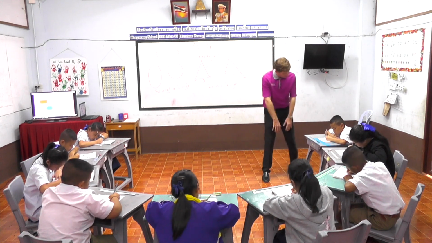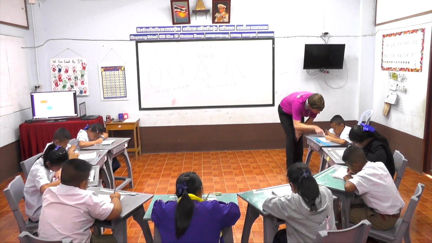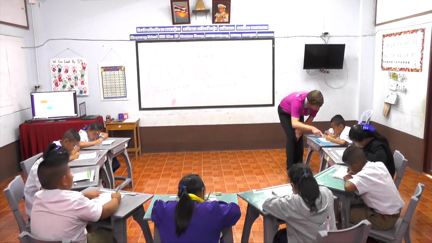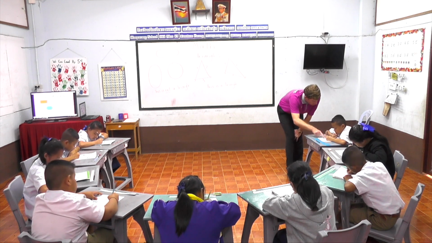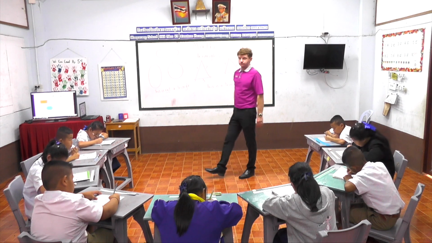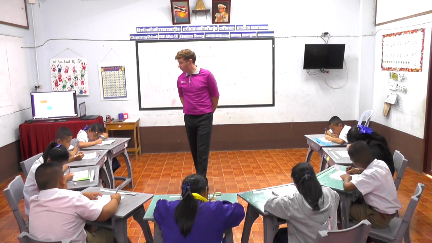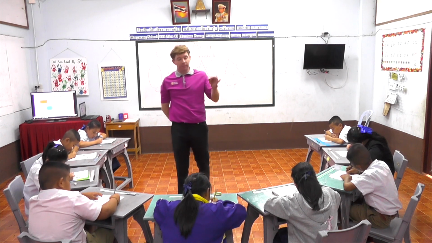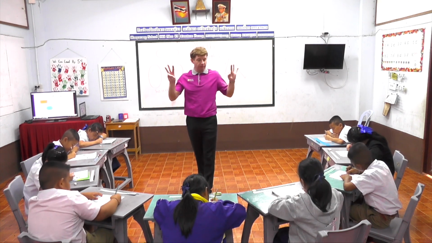Great, Chew. And then this one, this is a triangle. You see 3 sides, 1, 2, 3, 3 corners. So we know it's a triangle. Any you're not sure about, guys, let me know. Remember, triangle, 3 sides and 3 corners.